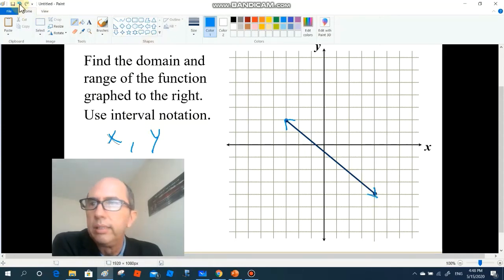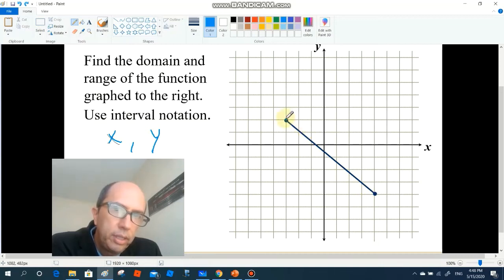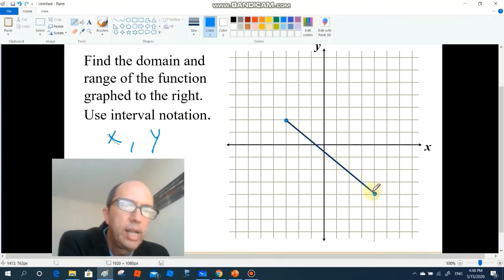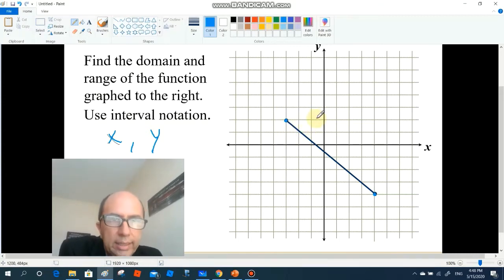Let's remove this. What does it mean if it doesn't have arrows? It means it's just a segment of a line that starts on this point and ends on that point. So what's the x set of this function here?